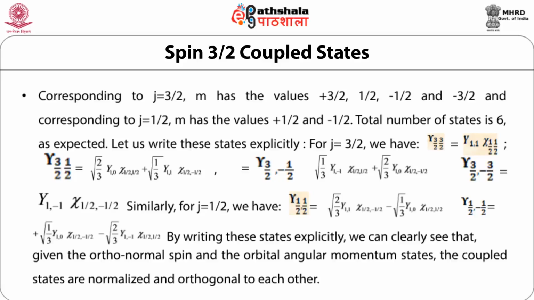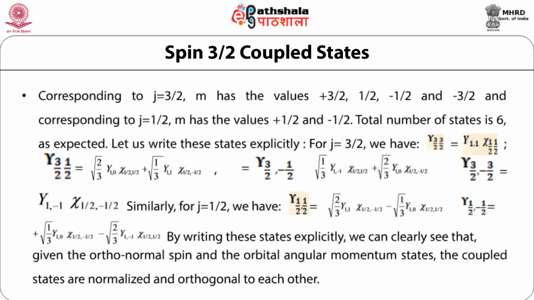And for the coupled state gamma corresponding to J equal to 3 by 2 and M equal to minus half, we have square root of 1 by 3 times Y_{1,-1} times xi_{1/2,1/2} plus square root of 2 by 3 times Y_{1,0} times xi_{1/2,-1/2}. And the fourth coupled state, corresponding to J equal to 3 by 2 and M equal to minus 3 by 2, is given by gamma_{3/2,-3/2} equal to Y_{1,-1} times xi_{1/2,-1/2}.